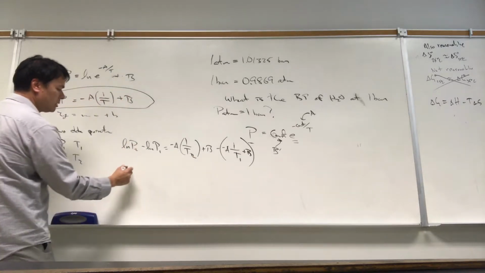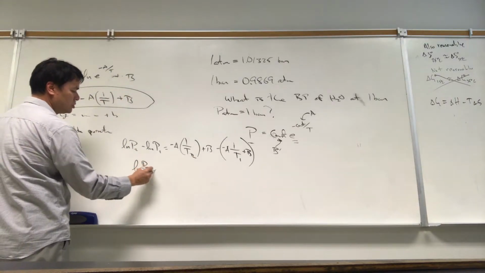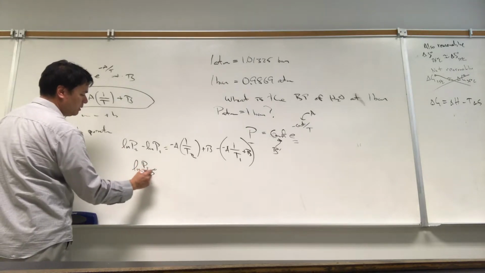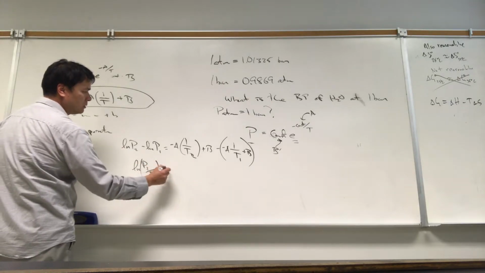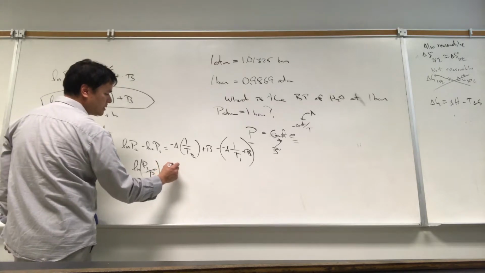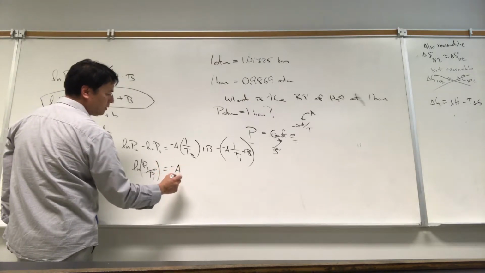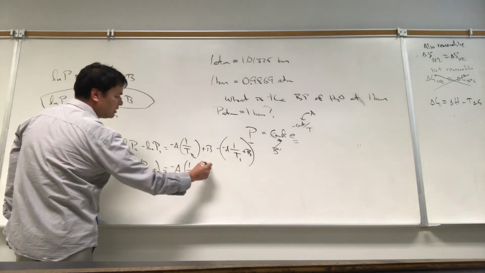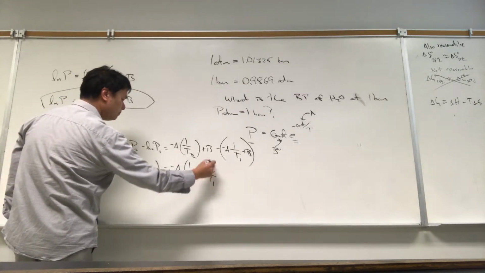Then we use the property of logs to come up with this: ln of P2 divided by P1 is equal to minus A times 1 over T2 minus 1 over T1.